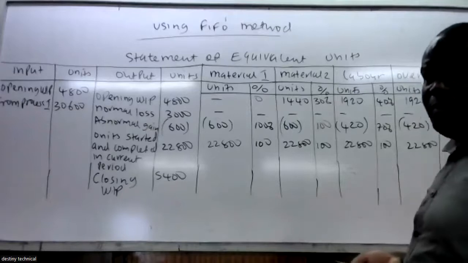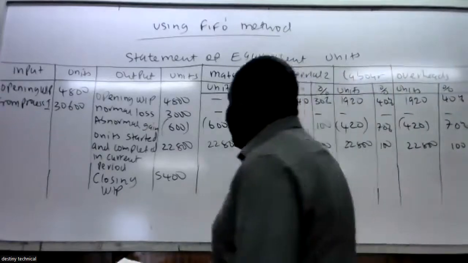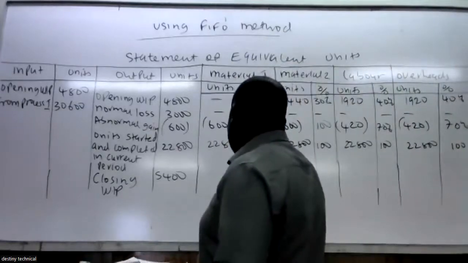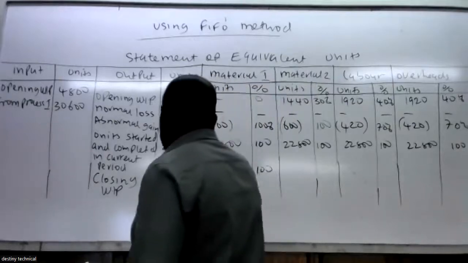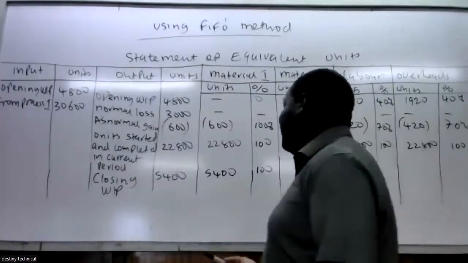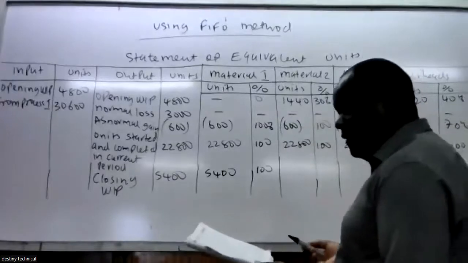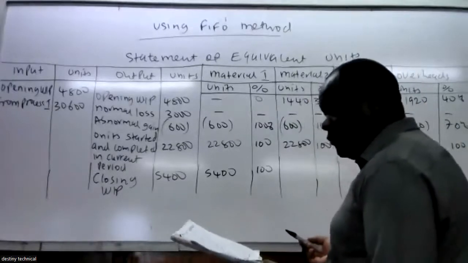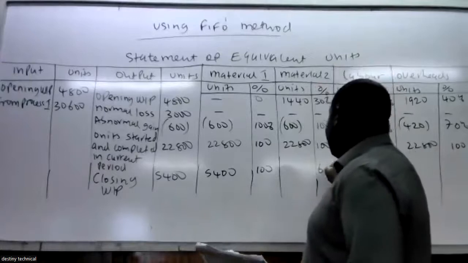We normally assume material 1 is 100% complete, so it is just 5,400. The one given is what you apply to material 2, the 60%.